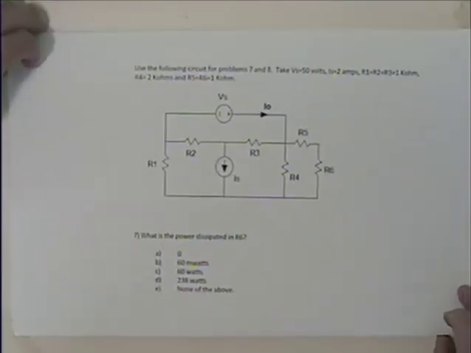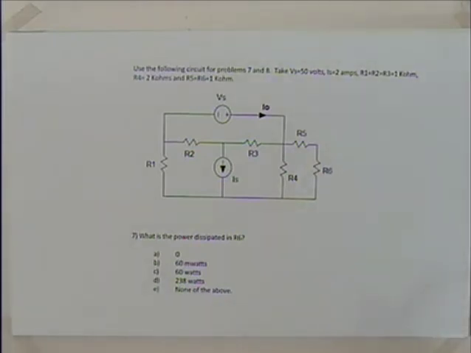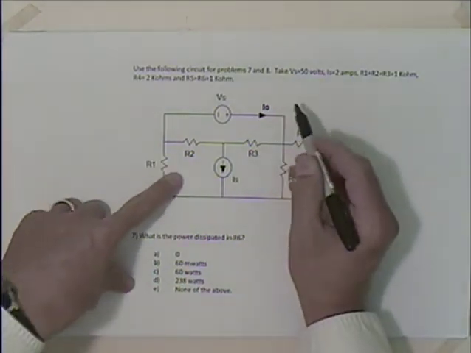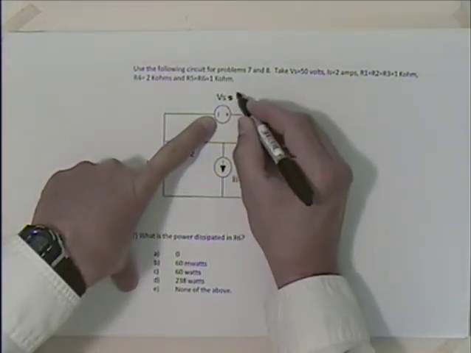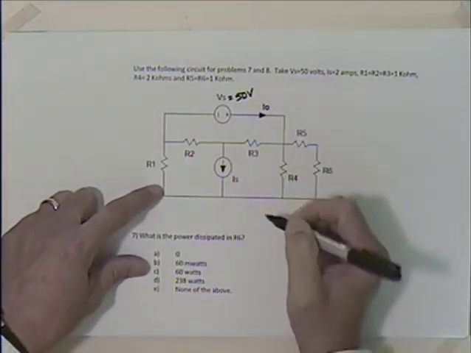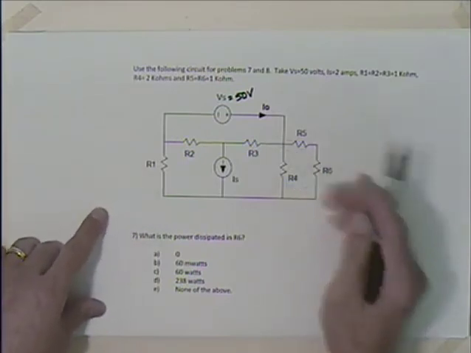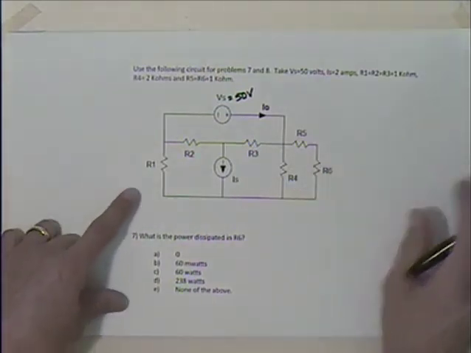So here's a little circuit. Looks a little bit like the mesh circuit that we did in lab. We use the following circuit. Take Vs equal to 50 volts. I guess we only had one source in lab, didn't we? But we're probably going to end up doing some mesh analysis on this.